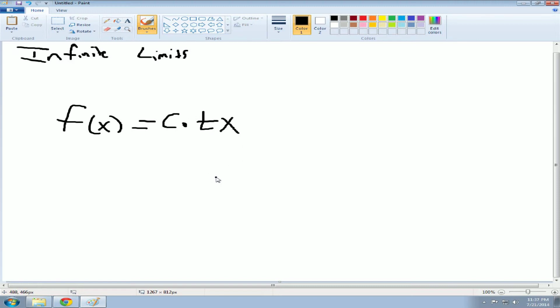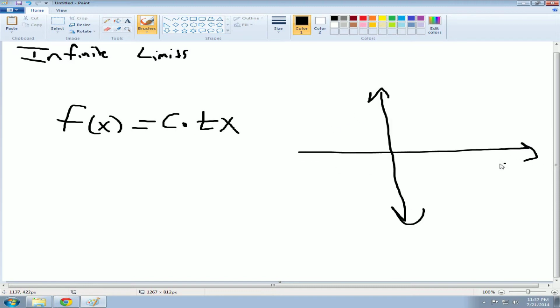And if you don't even know what the graph of cotangent is, this infinite limit would actually help you derive it. It'll help you figure out what the graph of cotangent x is. So we know we have to try and get this bottom to be 0. And how would we do that?